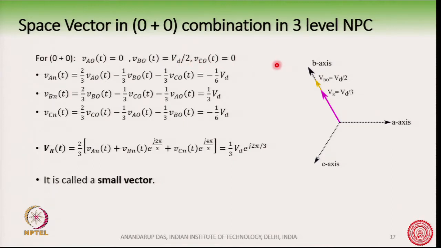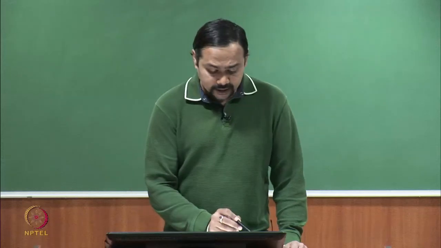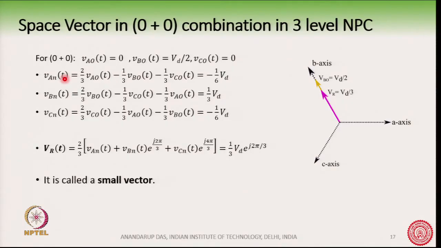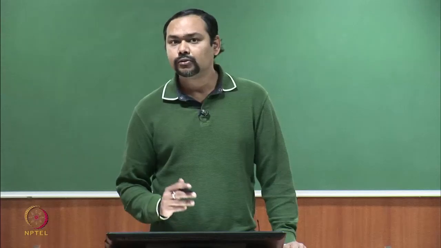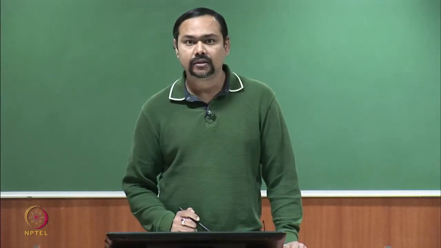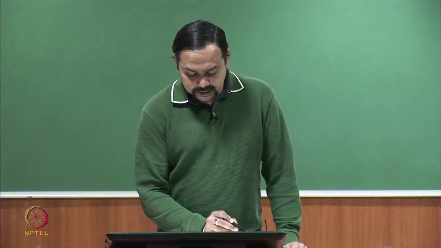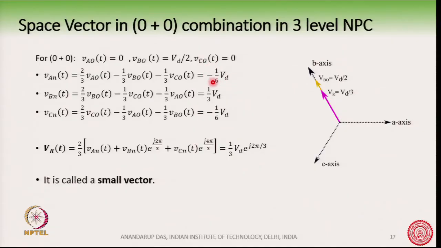So, therefore, we can write down what is VANT. VANT is 2/3 VAO minus 1/3 VBO minus 1/3 VCO. This we have seen while we were discussing the conventional 2 level converter. We had derived this part. So, VANT is minus 1/6 Vd.